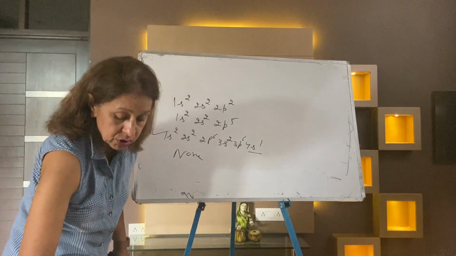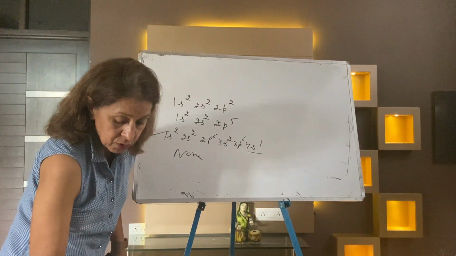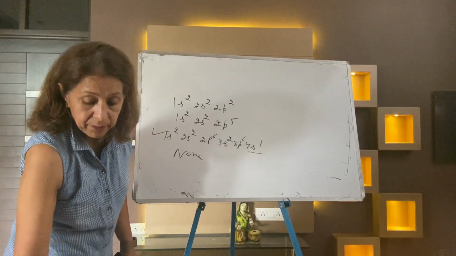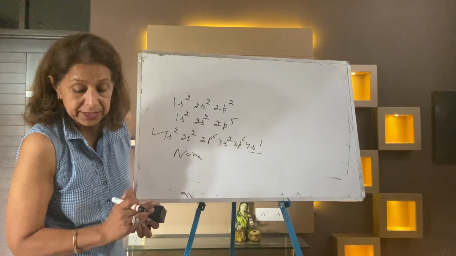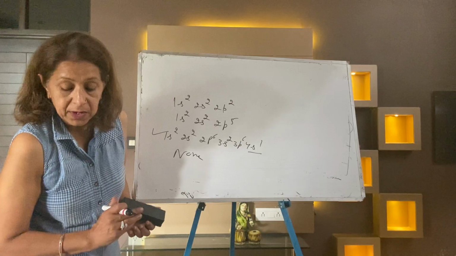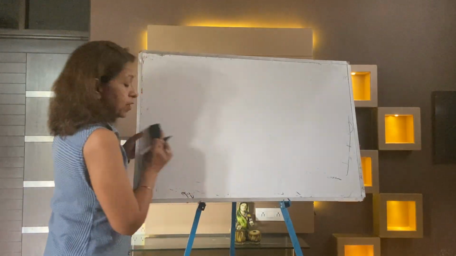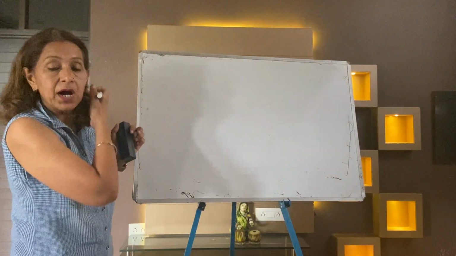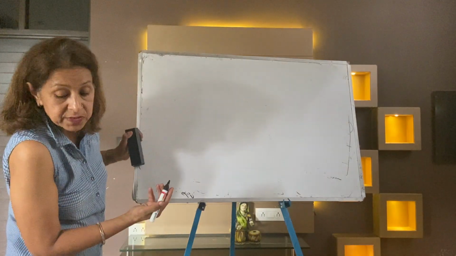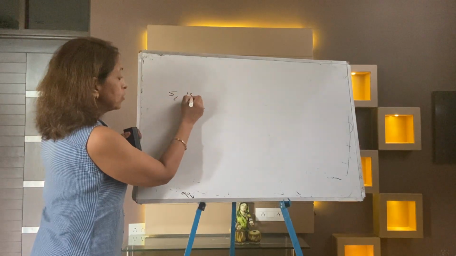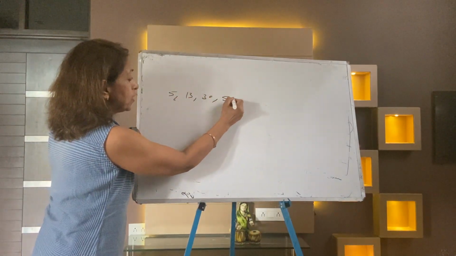Your second question is: which of the following sets of atomic numbers represents representative elements? Representative, you know, s and p block are representative. Let me write the sets: 5, 13, 30, 53.